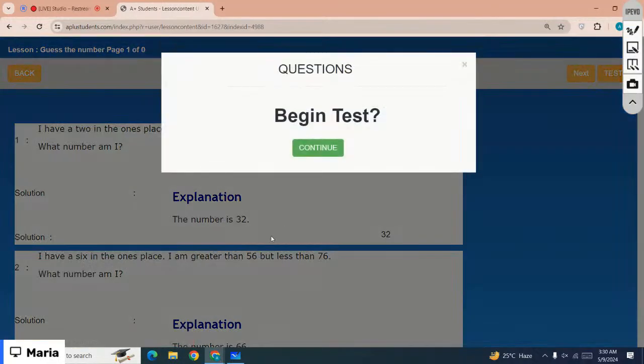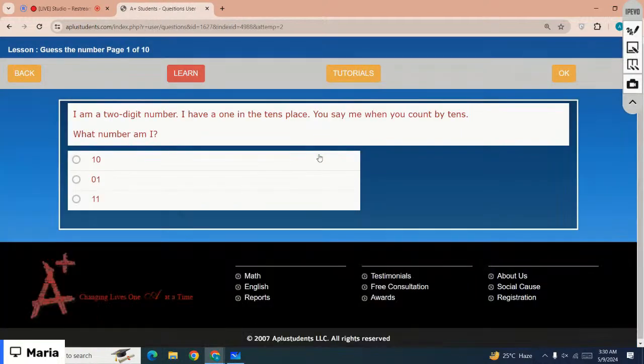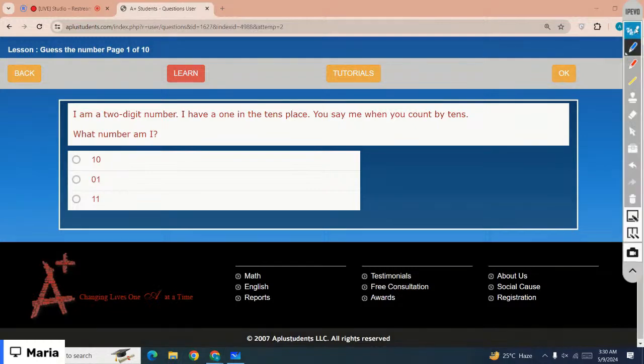Let's just start with the test questions. I'm a two digit number. I have a 1 in the tens place. You say me when you count by tens, right? So ones digit is 0, and you say me when you count by tens. When we count by tens, we count like this: 10, 20, 30.